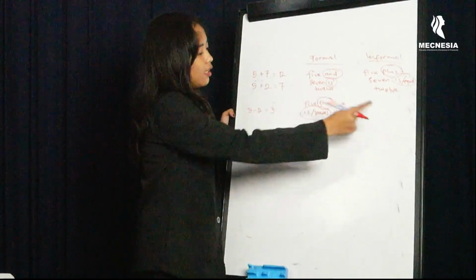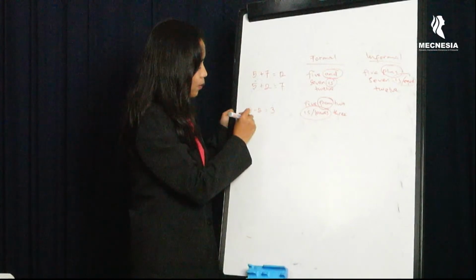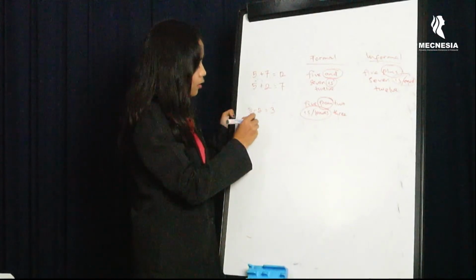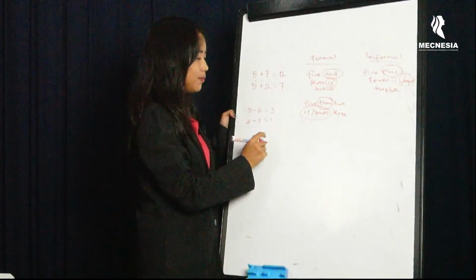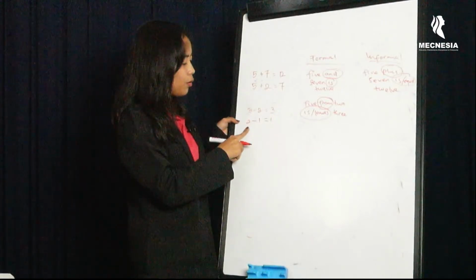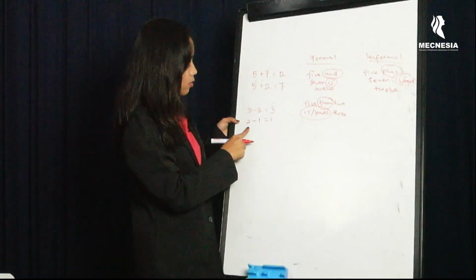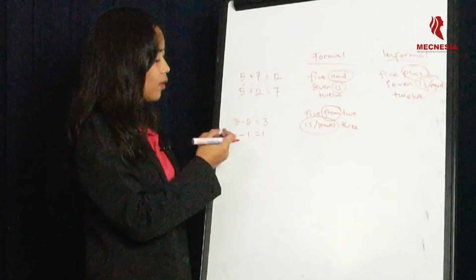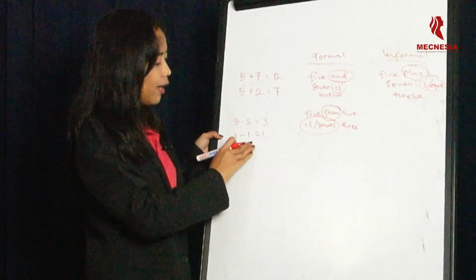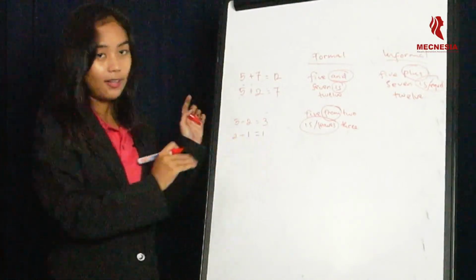But one more example deh. 2 kurang 1 sama dengan 1. So, 2 from 1 is 1. 2 from 1 leaves 1.